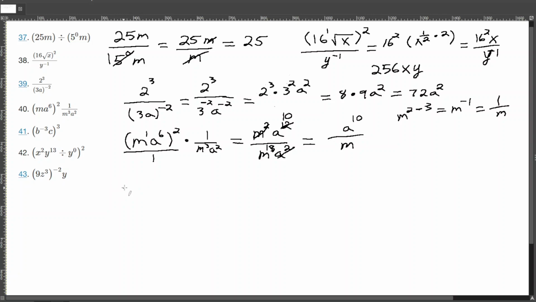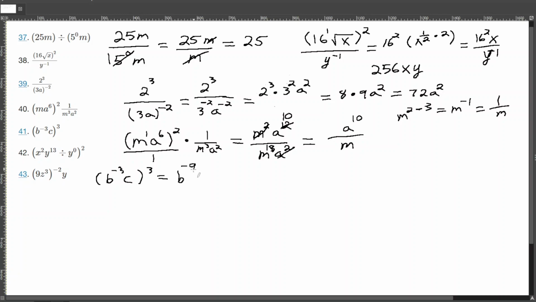So now on the next one, it's looking like we have b to the -3 times c, everything to the 3rd power. So what it looks like we have is b to the -9. Sorry, that's b to the -9.